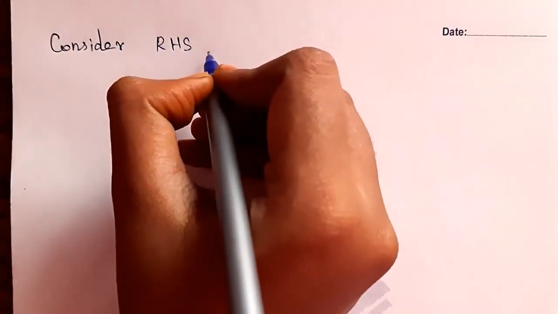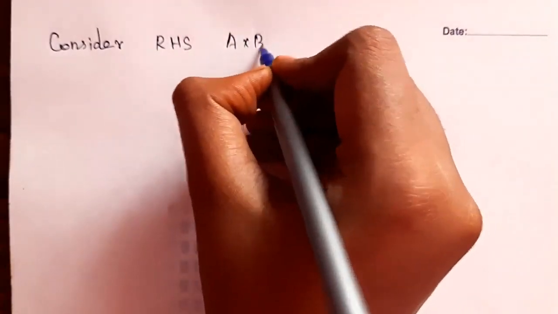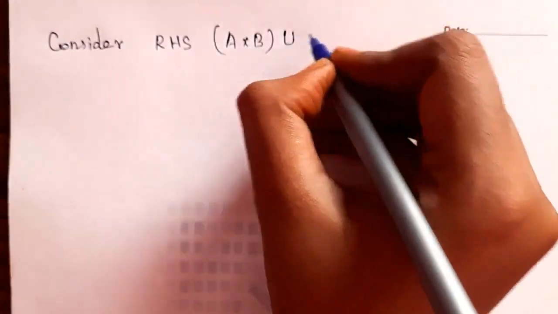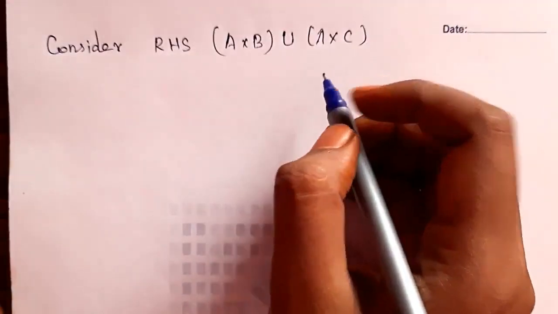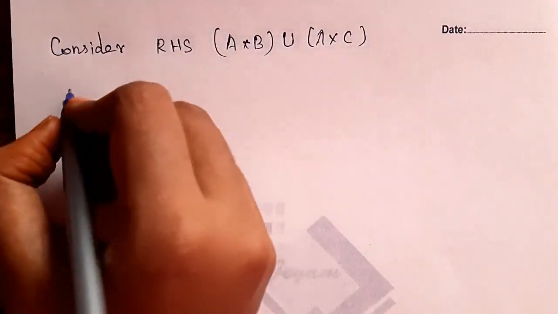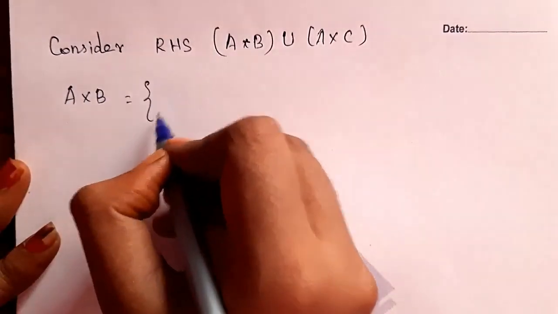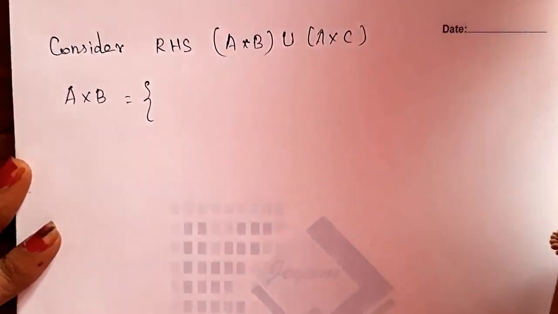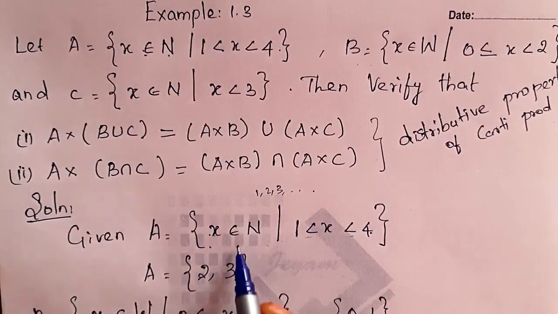So consider RHS, that is (A cross B) union (A cross C). So we are going to verify it. First we can do step by step. First you can take A cross B. For that you have to know what is A and what is B. So A is 2 and 3.